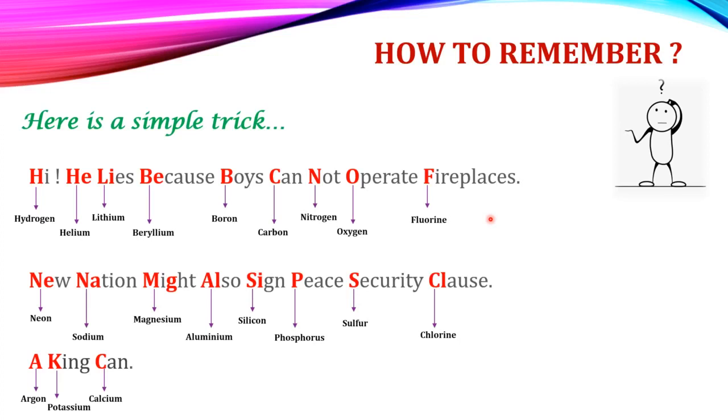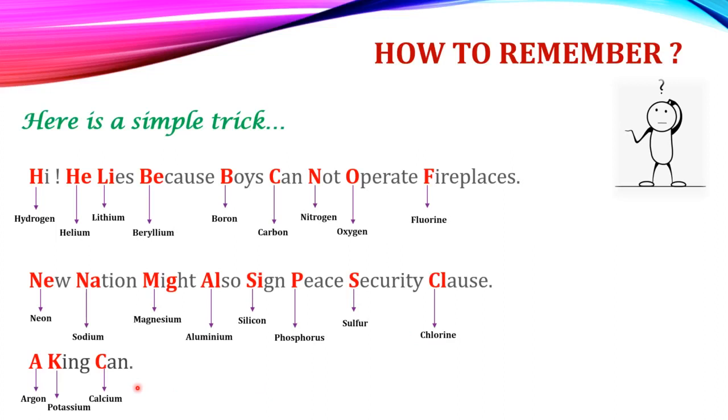Just remember the sentence, "Hi, he lies because boys cannot operate fireplaces," and you are done with these many elements. Then you can go for the second sentence: "New nation might also sign peace security clause." Just remember this sentence, and here come the names of the elements: neon, sodium, magnesium, aluminium, silicon, phosphorus, sulfur, and chlorine. Then the third one is very simple: "A king can."